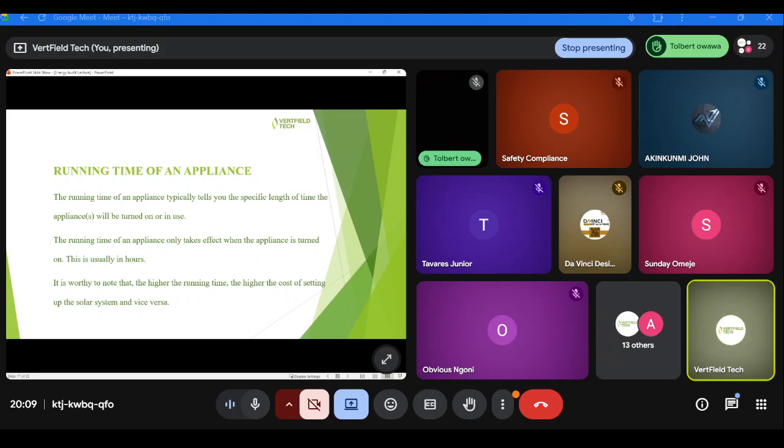Okay, so the running time. The running time of an appliance tells you the specific length of time the client intends to power up that appliance. This running time only takes effect when the appliance is powered up.